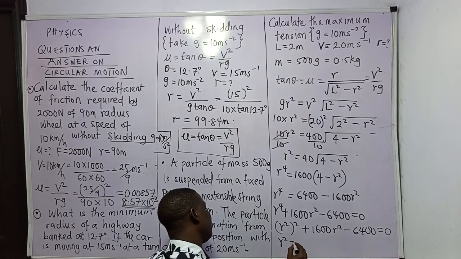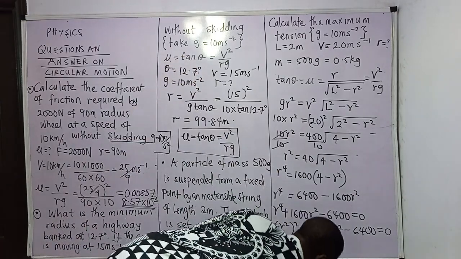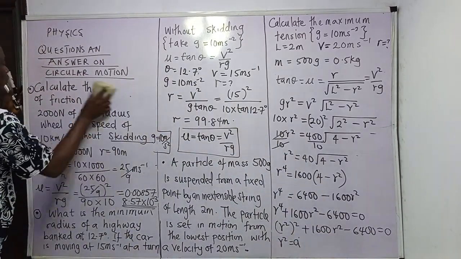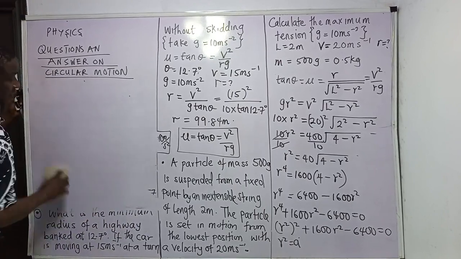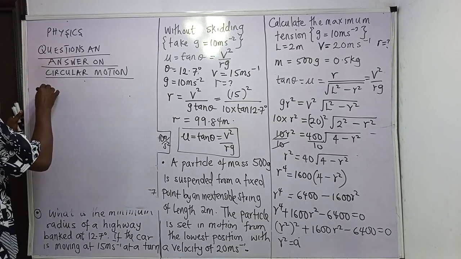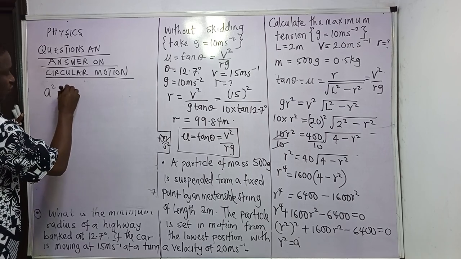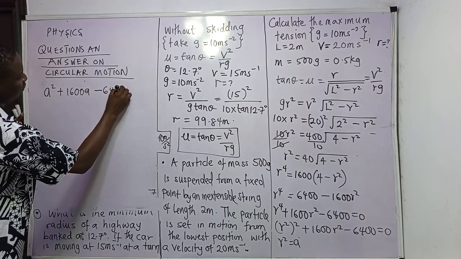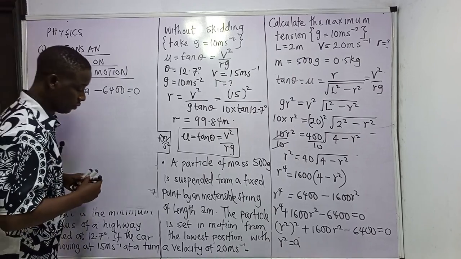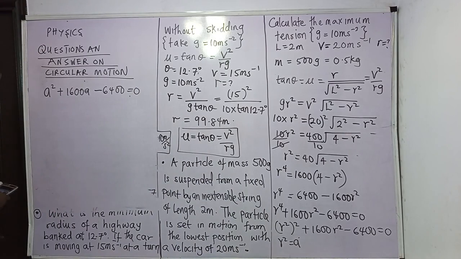Now, let's say R square is equal to A, so that we can reduce the equation to a quadratic equation. So this now becomes A square plus 1600A minus 6400 equal to 0.